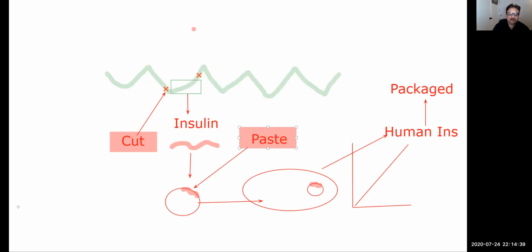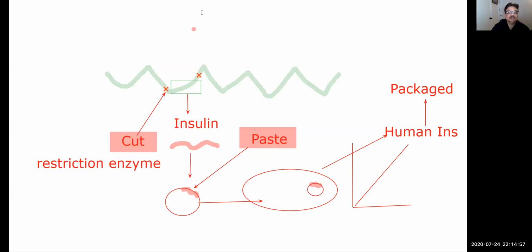There is another protein that bacteria produce inside their body. That protein is called restriction enzymes. This restriction enzyme can cut the DNA.